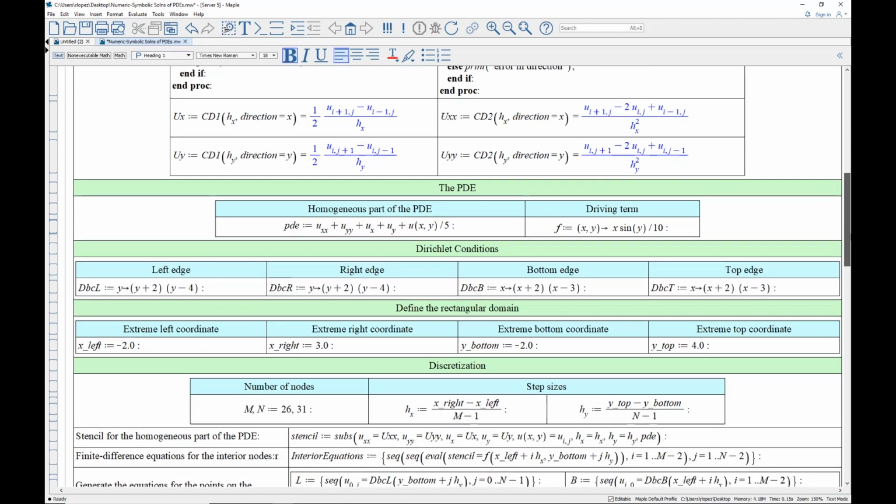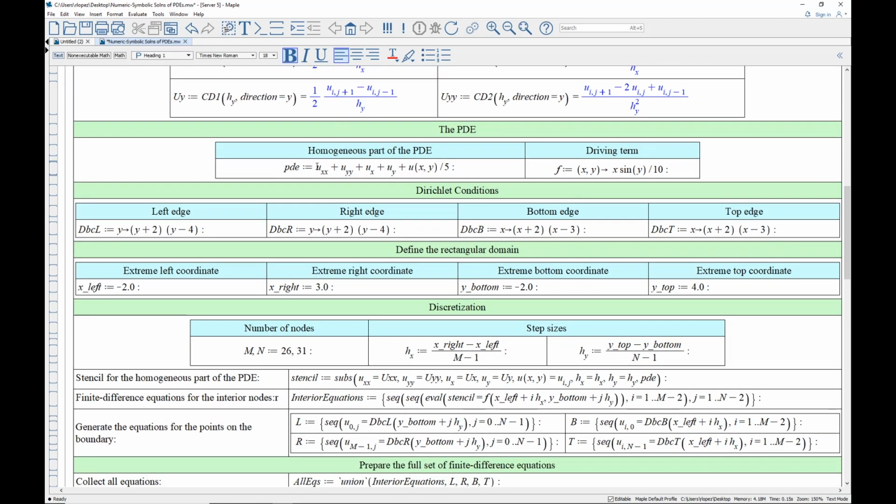So the problem I want to solve is left-hand side of the differential equation equals this right-hand side. So it's a non-homogeneous problem. I'm going to solve it on a rectangle from -2 to 3 in the x direction and -2 to 4 in the y direction.